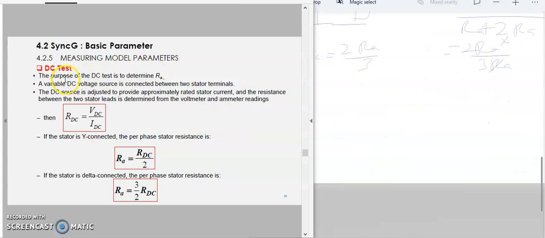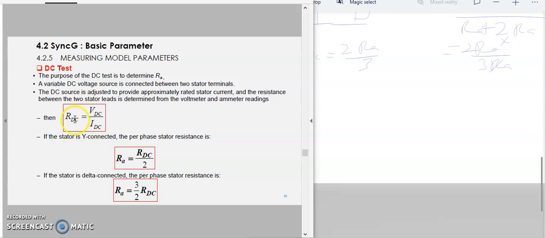So again, the purpose of the DC test is to determine the RA. So we calculated RA just now, and how is RA related to your RDC? With a variable DC source on the two terminals, we adjust VDC and at the same time measure the current that flows into the system.